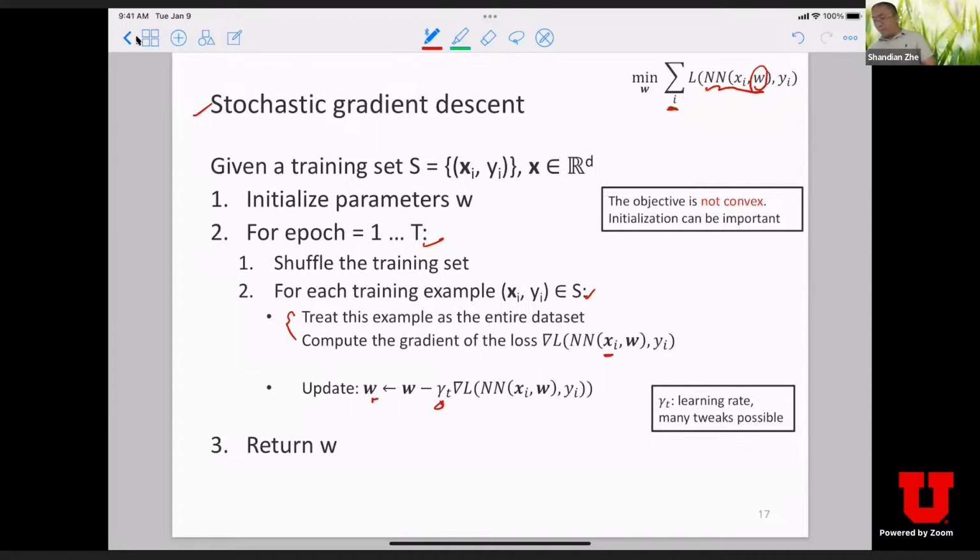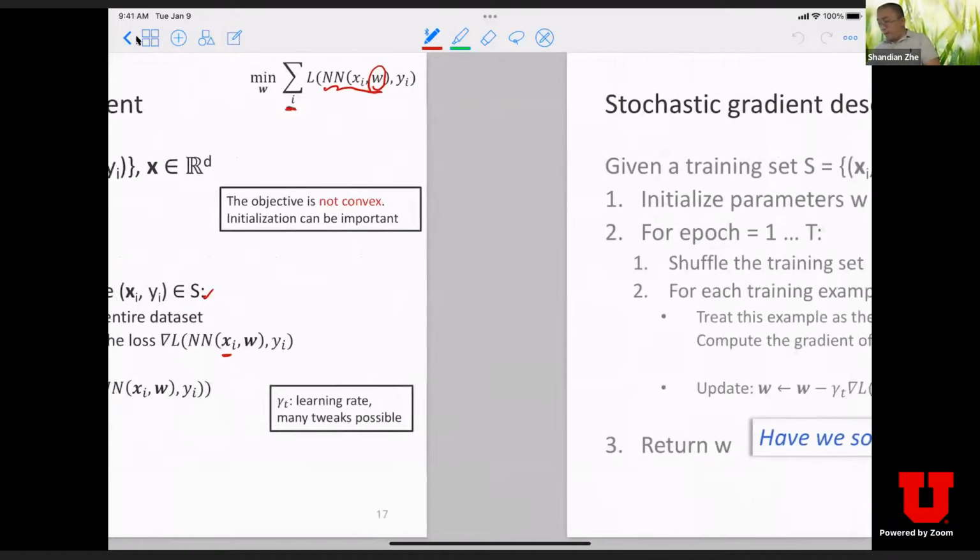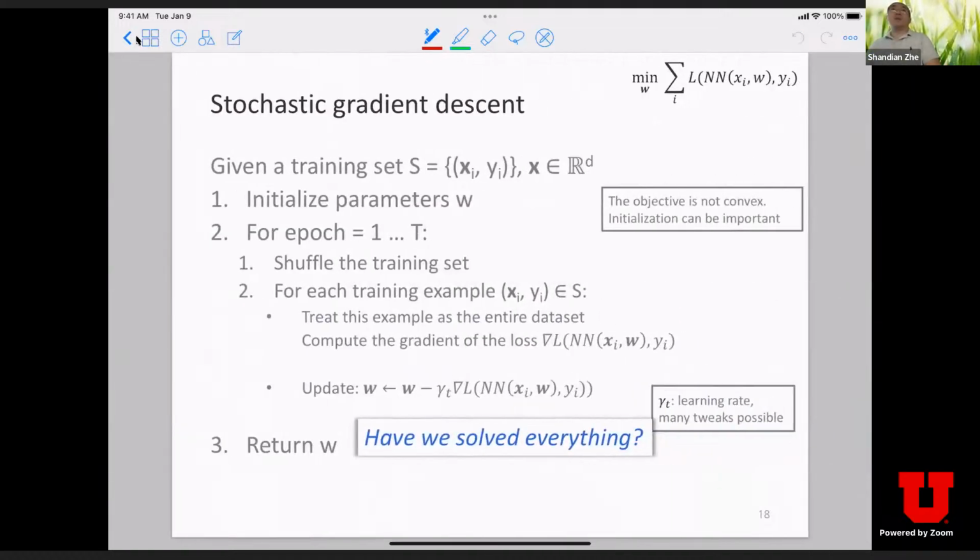This framework is pretty much the same as what we did for training least mean square regression or SVM. However, the problem has not yet been resolved. The key step is actually the computation of the gradient of the loss for any randomly selected example.